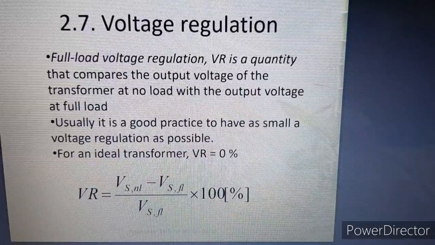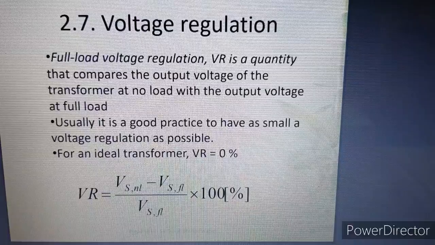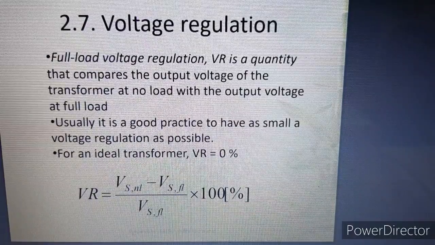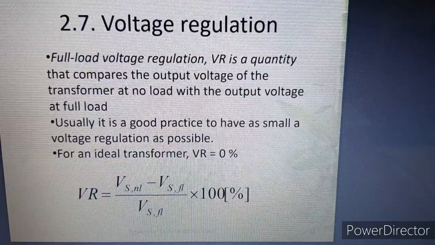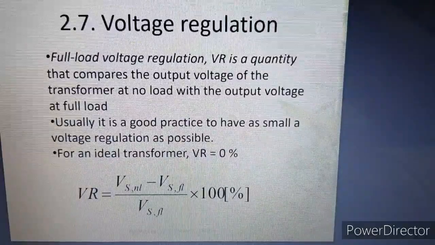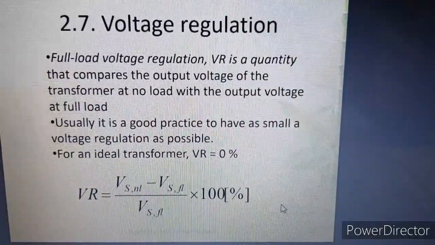So the formula, for an ideal transformer where there is no loss, the VR should be 0. But for a real transformer, this equation here is how you calculate the VR.